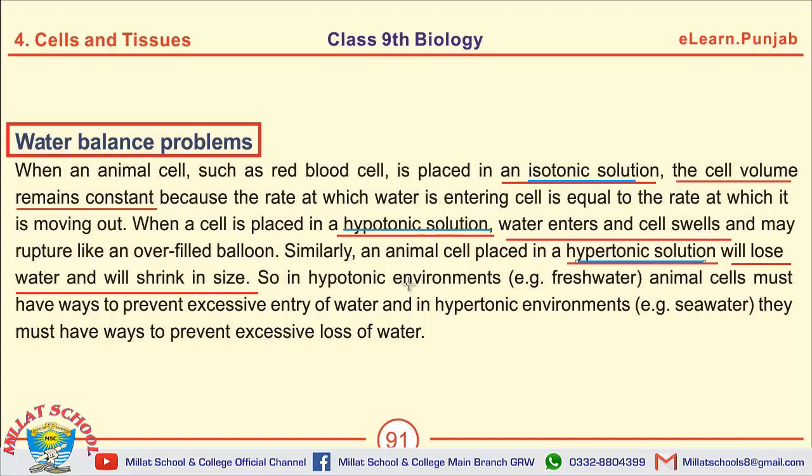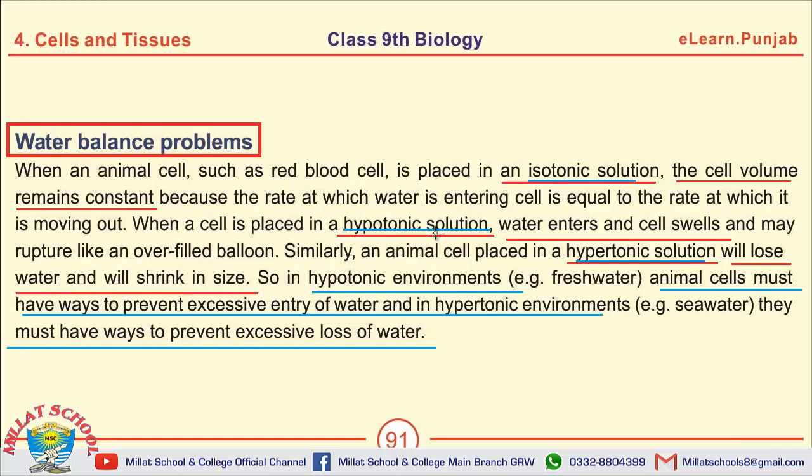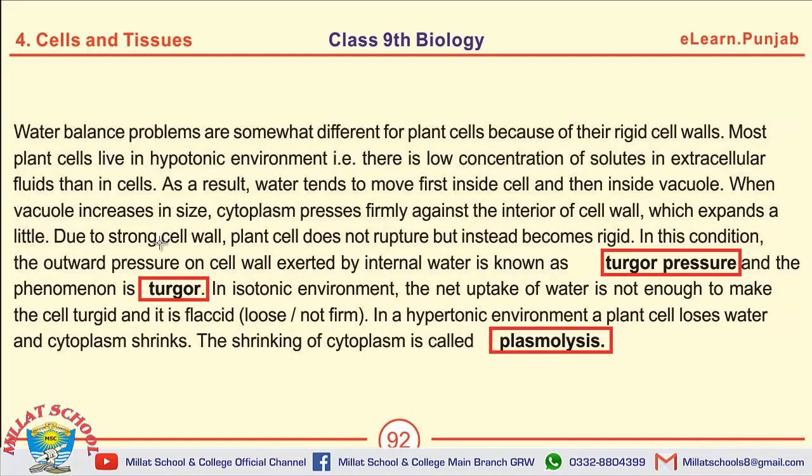The last one is, in hypotonic environment, animal cells must have ways to prevent excessive entry of water, and in hypertonic environment they must have ways to prevent excessive loss of water. The questions on this page, the first one is about turgor pressure.